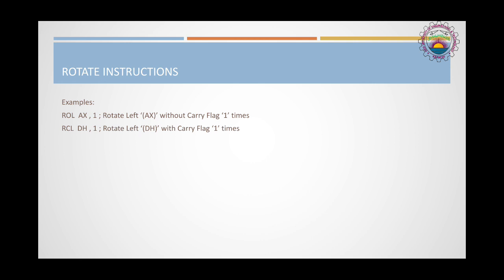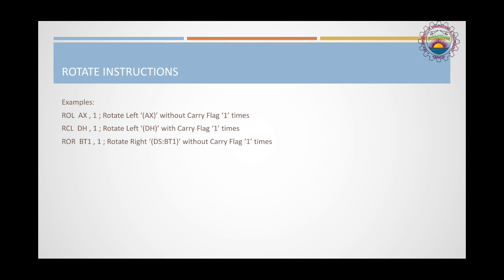In the first example you have a 16-bit register, in the second an 8-bit register. Both are correct and may be performed within the ALU of 8086 microprocessors, but the count here is 1, so only one rotation will be performed within the ALU, and the result will be in the same register.